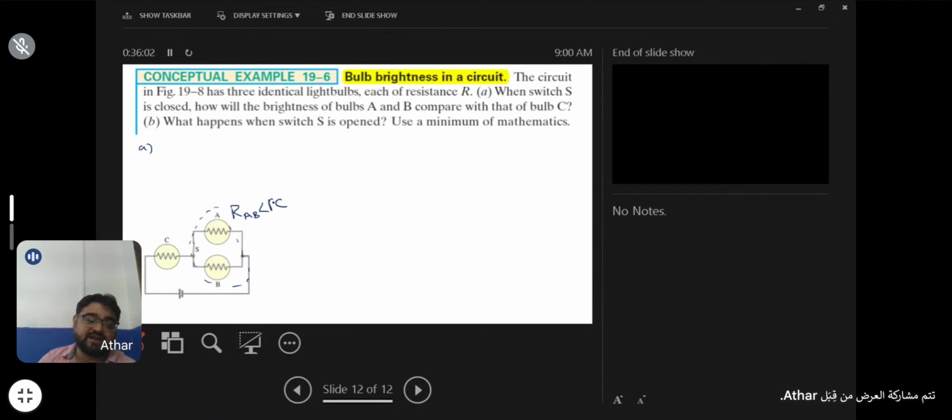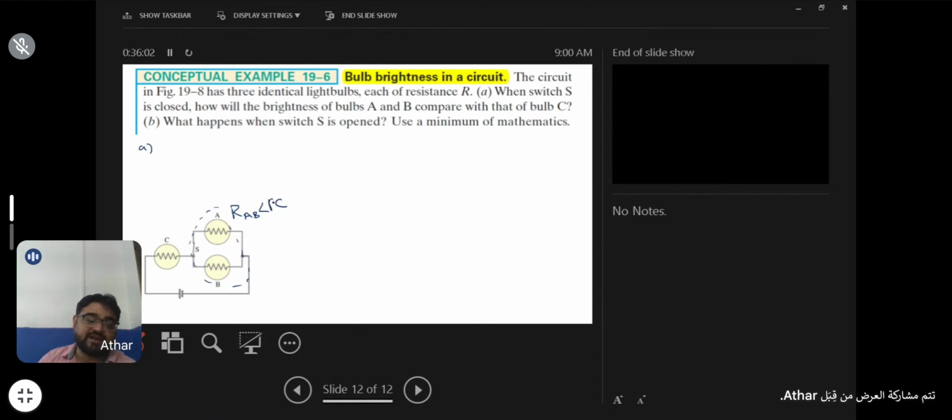So bulb C is brighter than B and A. But what about B and A? They have equal resistance, so they will be equally bright. Bulb C is brighter than bulbs A and B, which are equally bright.